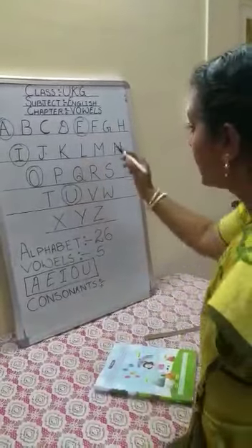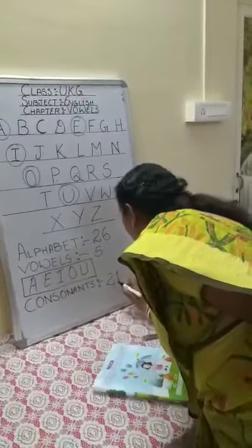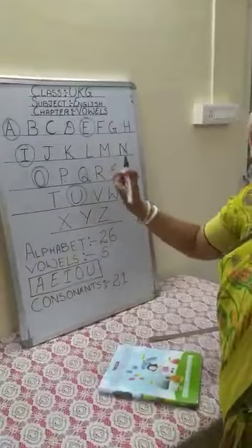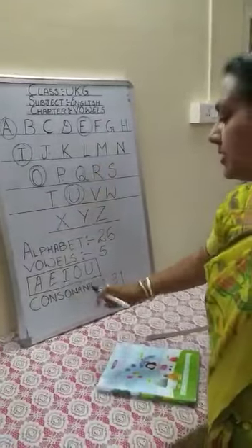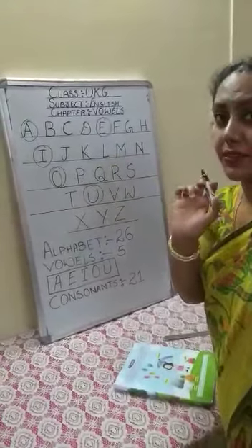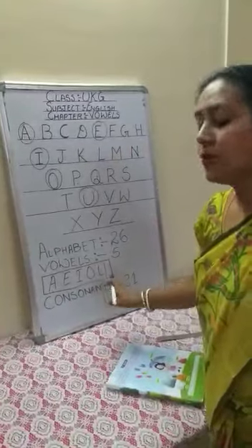How many letters are there in consonants? There are 21 letters in consonants. And vowels are only 5. Those are A, E, I, O and U.